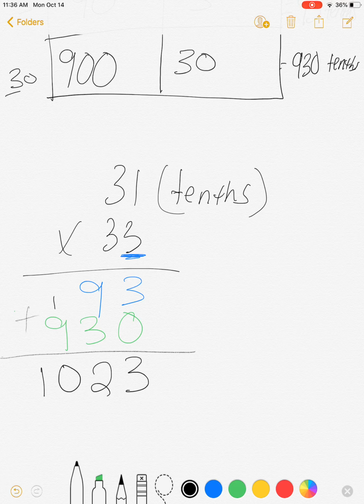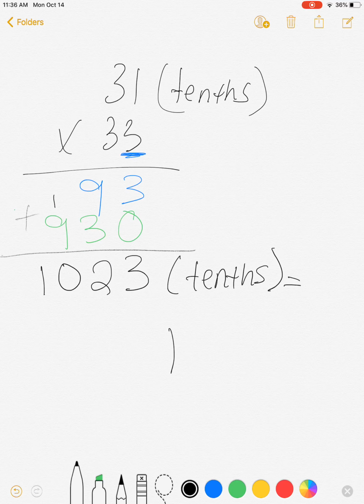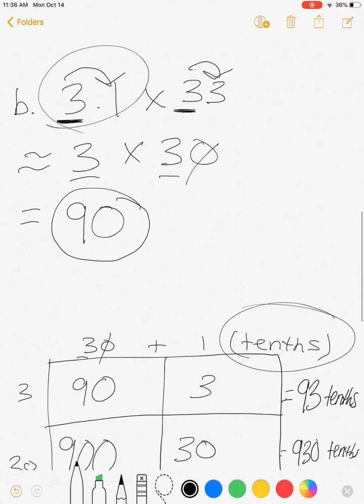And we get 1,023 tenths. So if we put our decimal to show tenths, 102 is close to 90.